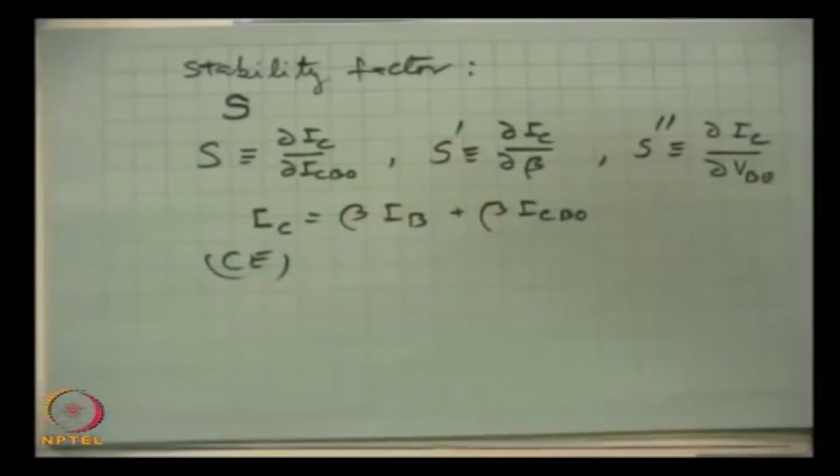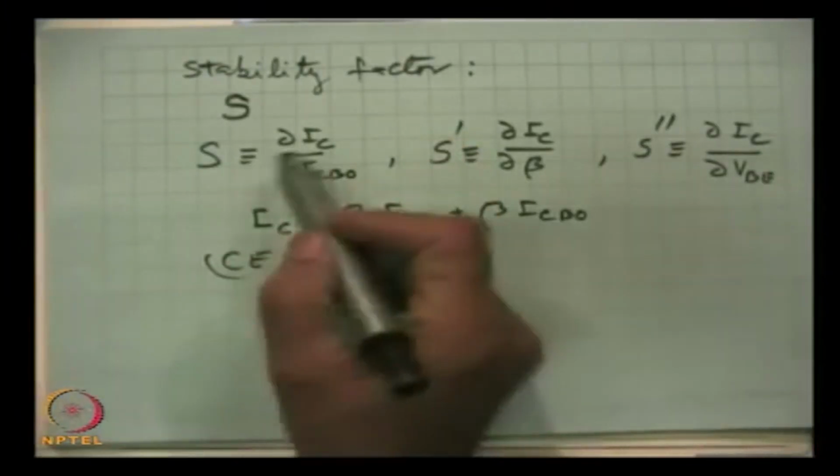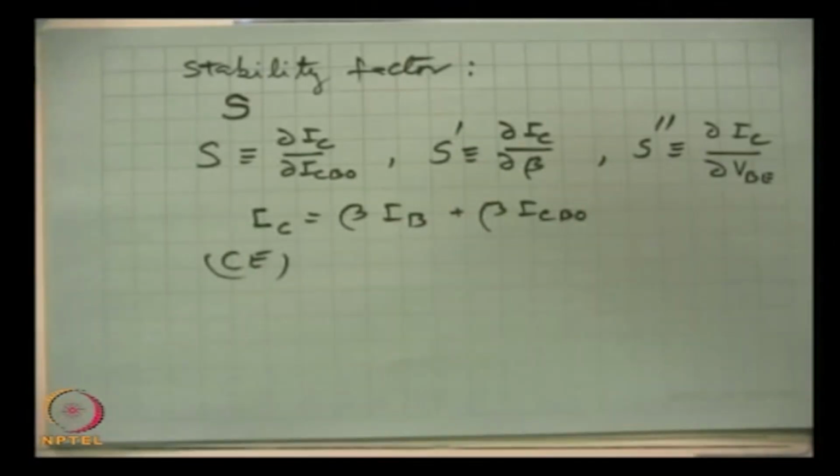I repeat that the cause of variation is immaterial. If in the design of the biasing circuit we have taken into account variation of any of these three parameters, S, S prime, S double prime, these three reasons, and so if we have designed the circuit to take account of any one kind of variation, then the circuit is supposed to remain stable.